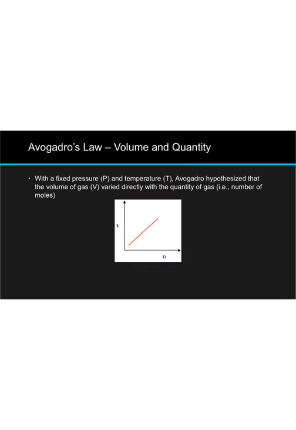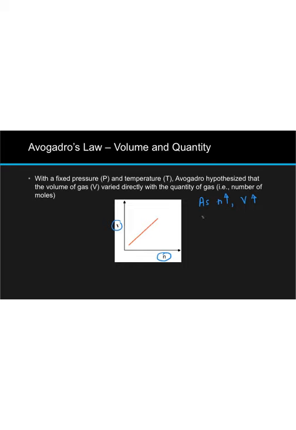Similar to Charles' law, Avogadro's law shows us that as the number of moles of gas particles increases, the volume of particles increases. Or, more simply put, the more stuff we have, the more space that stuff takes up. So, as the number of particles N increases, volume increases.